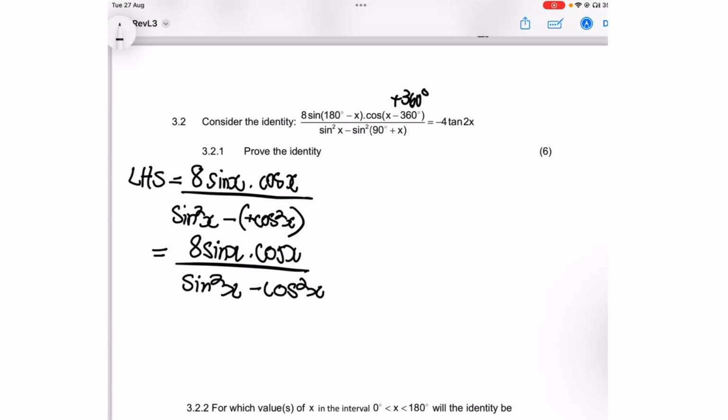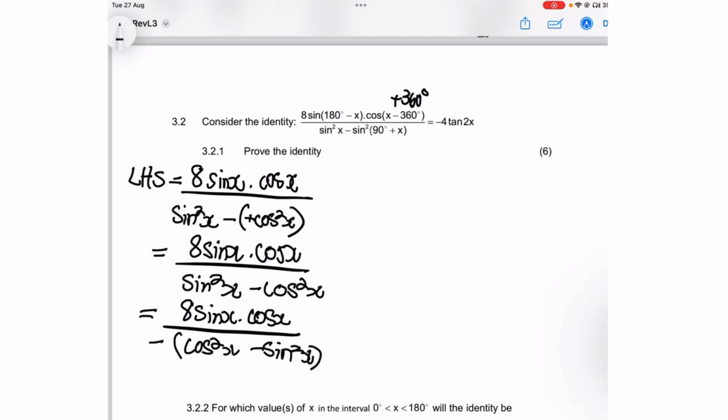How can we play around that? So sine squared x minus cos squared x, what is that? We can take out a negative here actually, and then write this as cos squared x minus sine squared x, right?